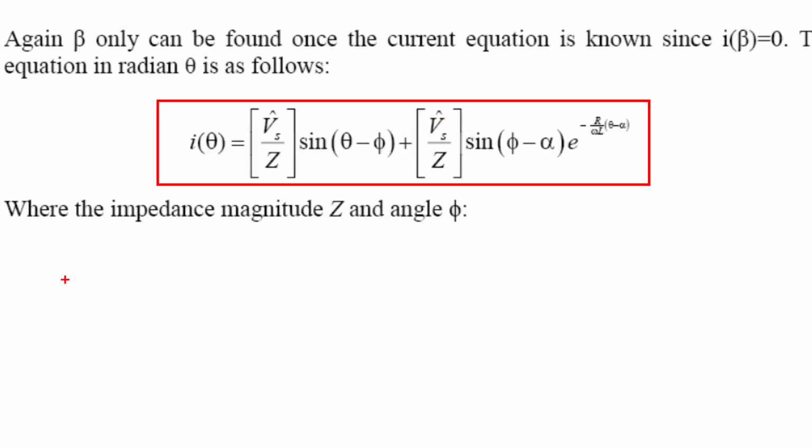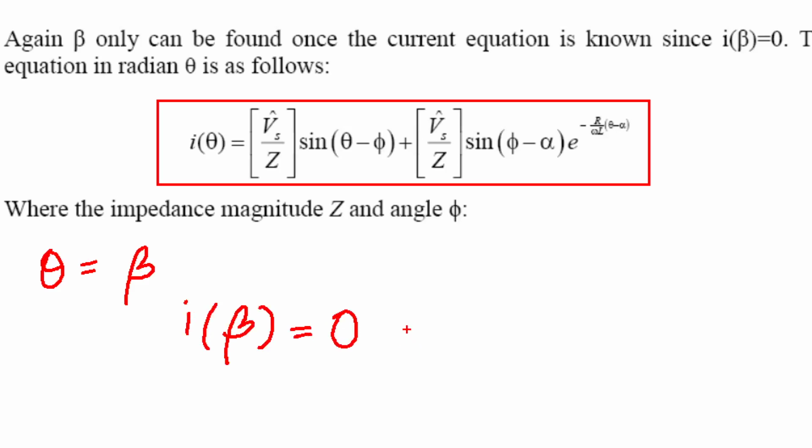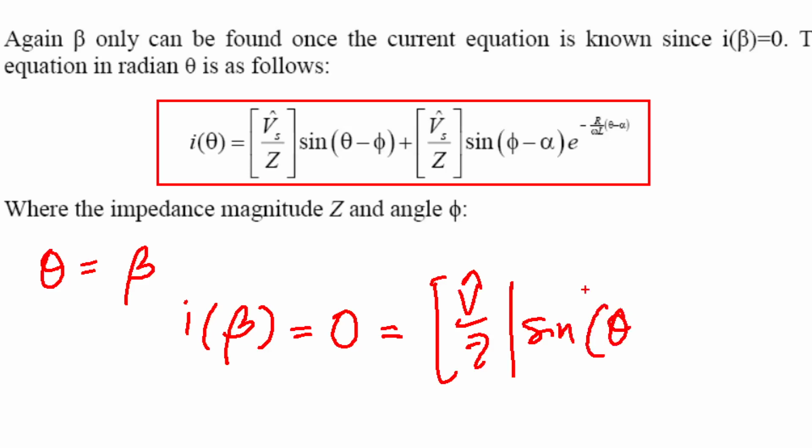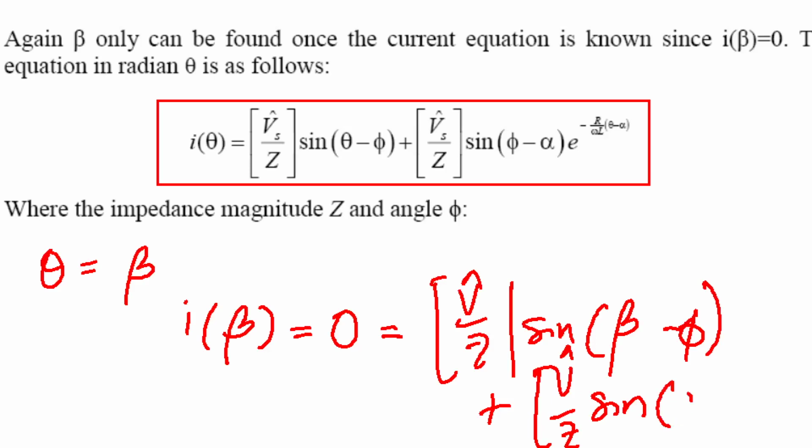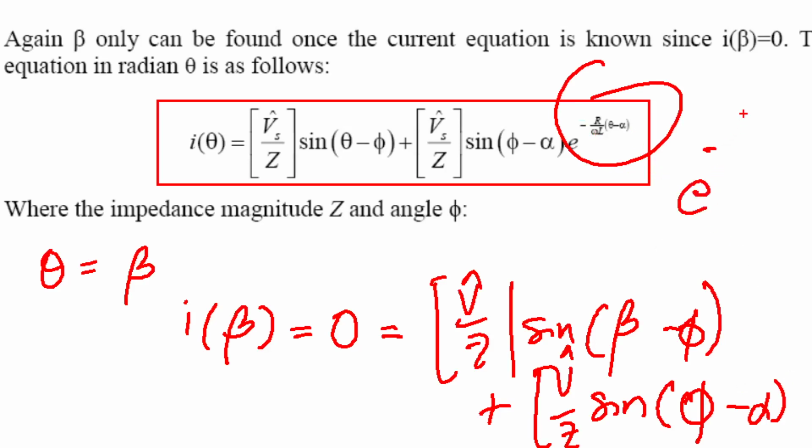So if theta equals beta, this equals 0, according to the waveform just now, and therefore you have this equation: sine of beta minus the load angle, plus Vm over Z times sine of the load angle minus alpha, times e to the power of R over omega L times beta minus alpha.